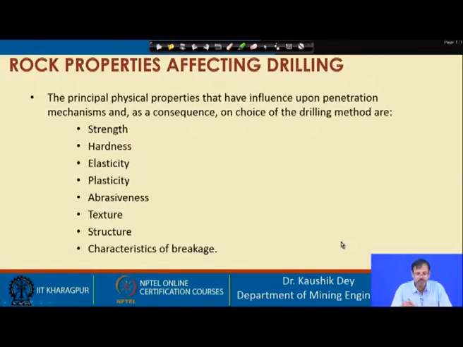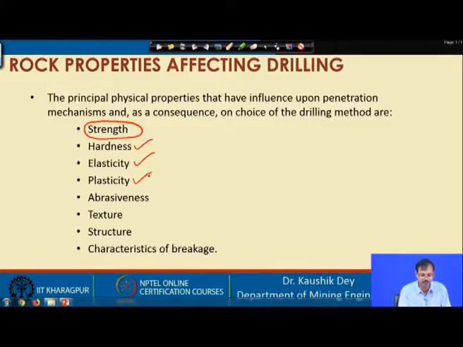Let us see what the different influential rock properties are which affect the performance of a drill machine. The first major one, which principally influences the performance of a drill, is the strength, then the hardness, elasticity, plasticity, abrasivity, texture, structure and characteristics of breakage.